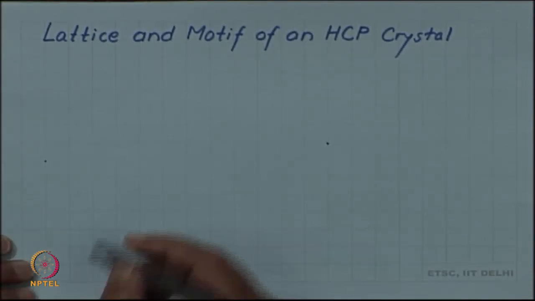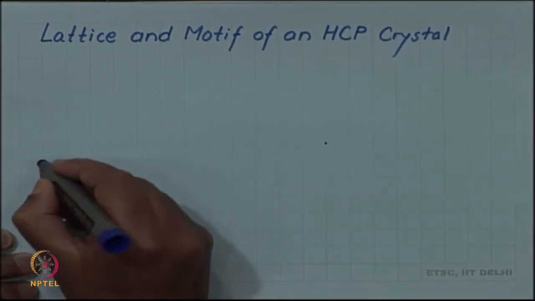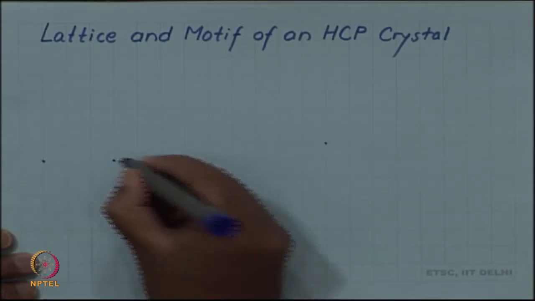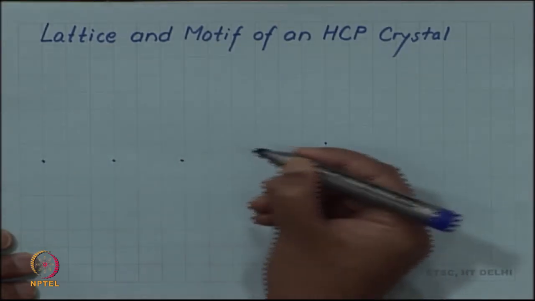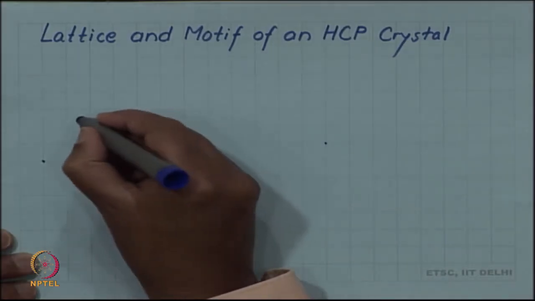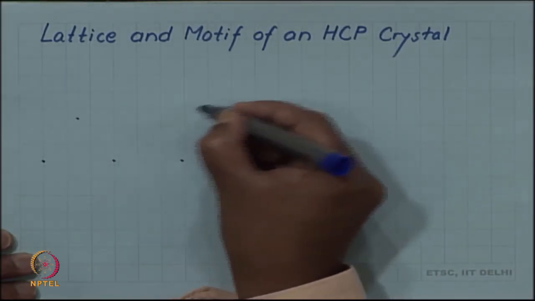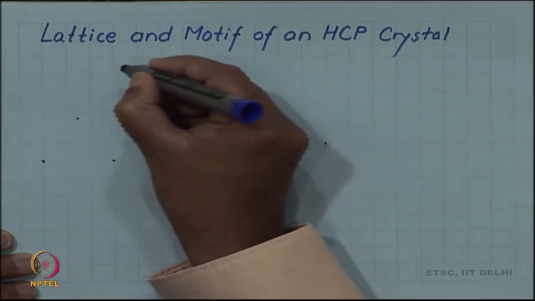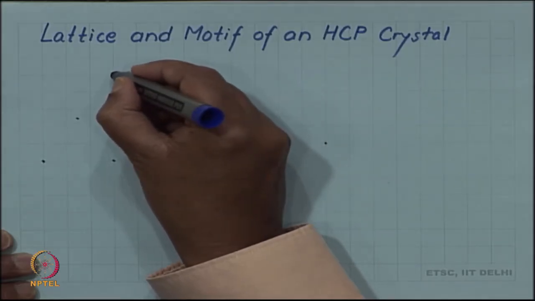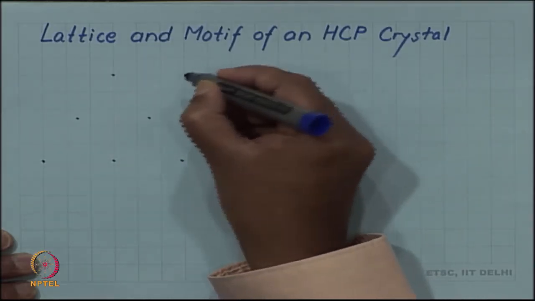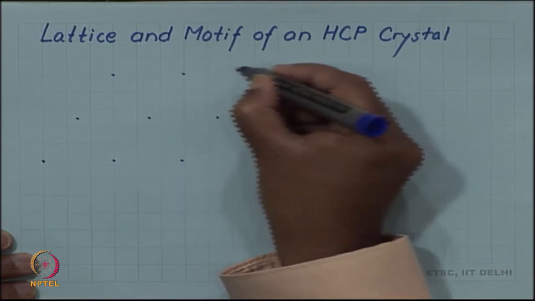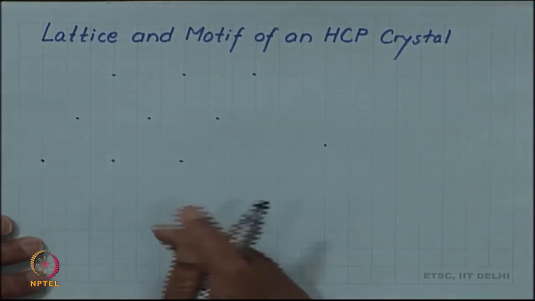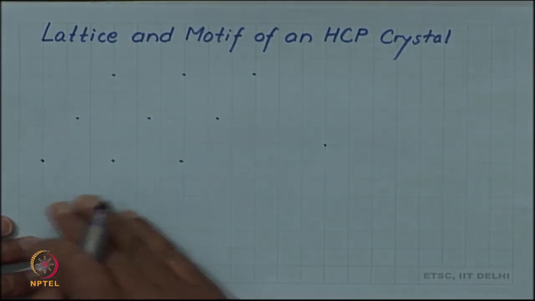So, we again start with the lattice. Let me draw a few lattice points. These are the lattice points in one layer.